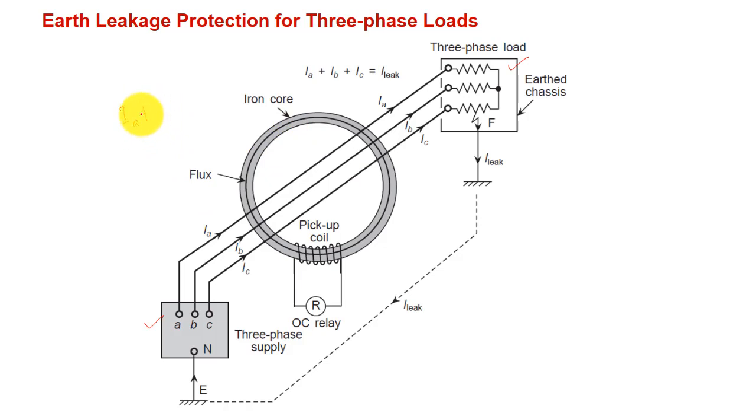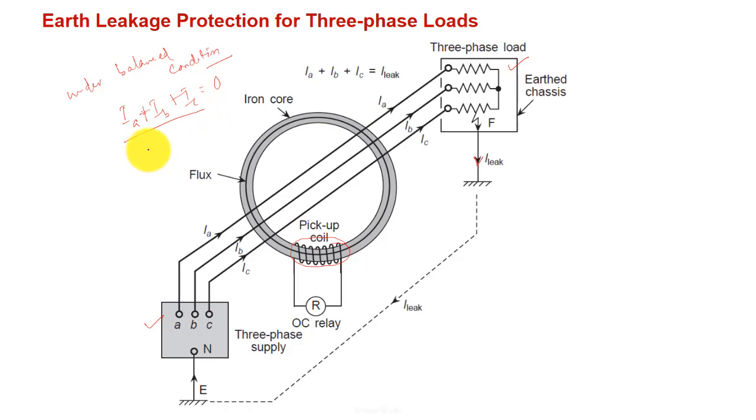Because we know Ia plus Ib plus Ic equals 0 under balanced condition, right? So the net flux will be 0, and therefore there will be no EMF induced in this coil, and the current through the relay will be 0. As soon as there is a leakage current somehow because of some insulation breakage, this becomes unbalanced, and Ia plus Ib plus Ic will become not equal to 0, right?